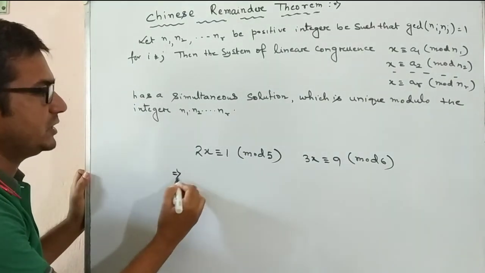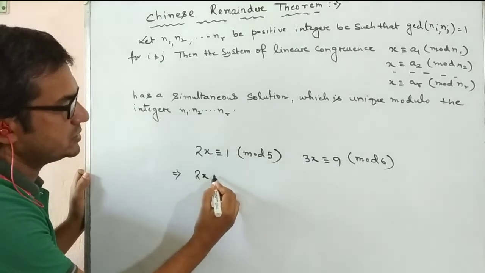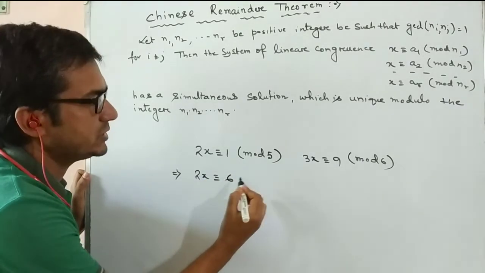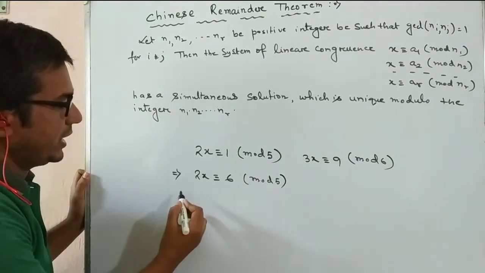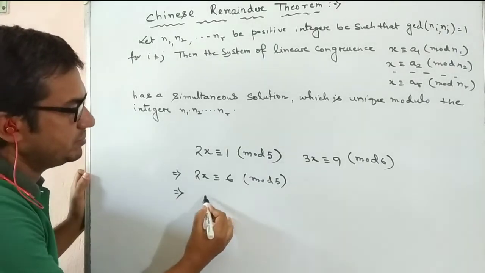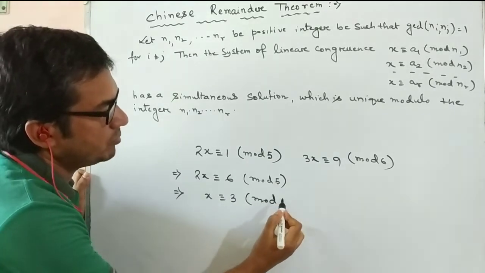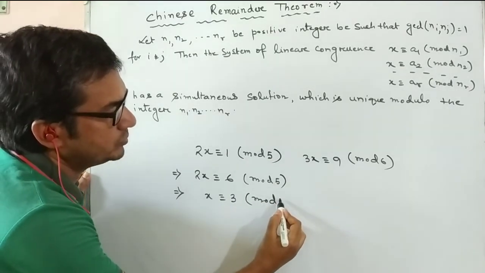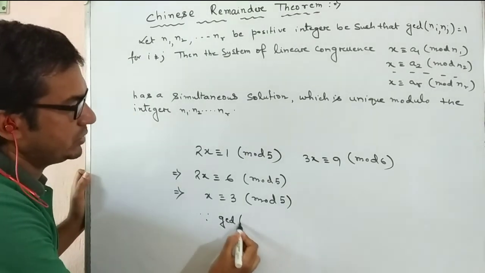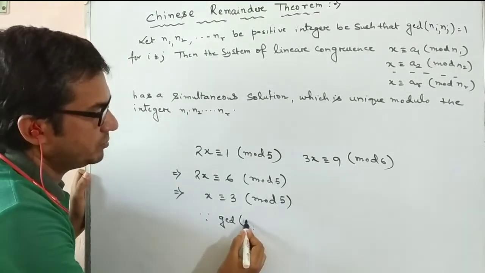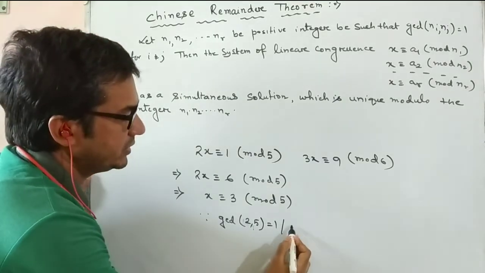This equation can be written as 2x congruent to 6 mod 5, and this implies x congruent to 3 mod 5, since GCD of 2, 5 equals 1 and divides 6.